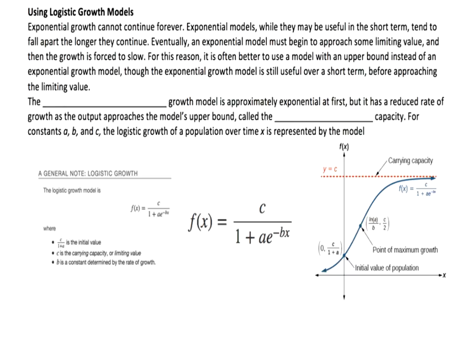So they eventually have to approach some sort of limiting value where the growth is forced to slow down. For this reason, it's often better to use a model with an upper boundary instead of the exponential growth model, which is where we bring in a logistic or logarithmic growth model, because they're approximately exponential at first, but then they seem to just flatten out.